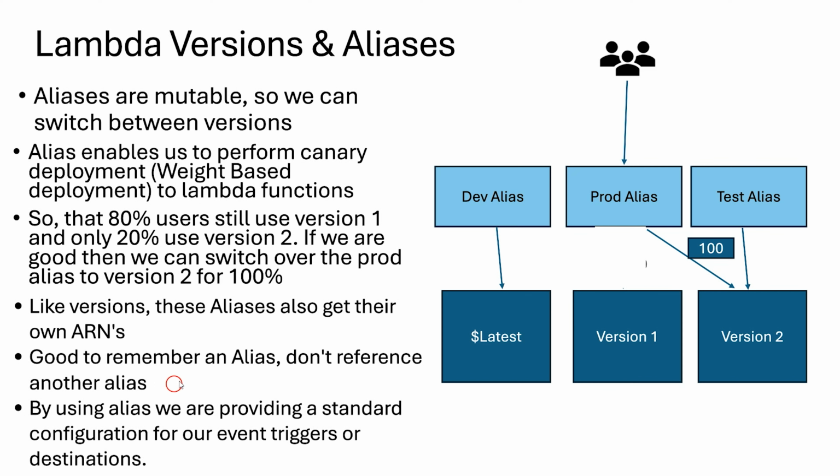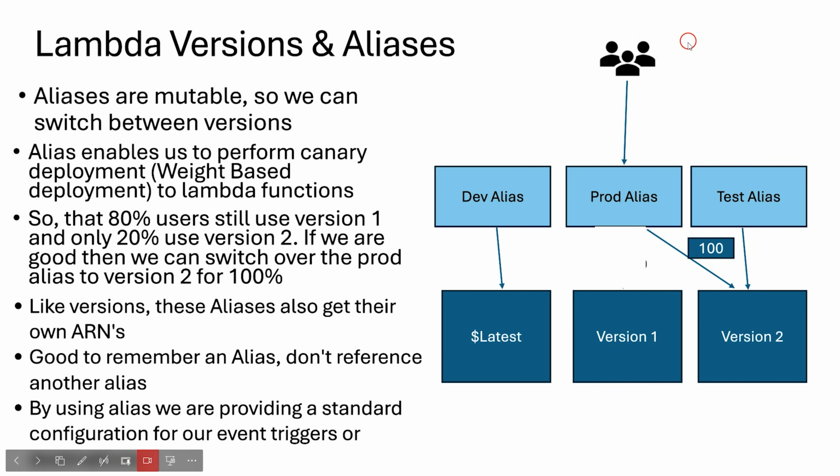And the final point: if you observe, by using an alias, we are providing a standard configuration for our event triggers or destinations. Here, event triggers or destinations should be considered as end users. So we are giving a standard configuration to them. They may use EventBridge to trigger this alias, or they may use some API to trigger this alias, whatever they are able to trigger, but they don't need to change anything because we are giving a standard configuration.